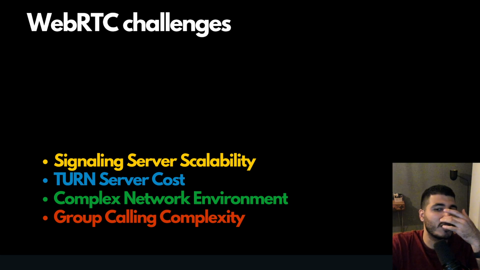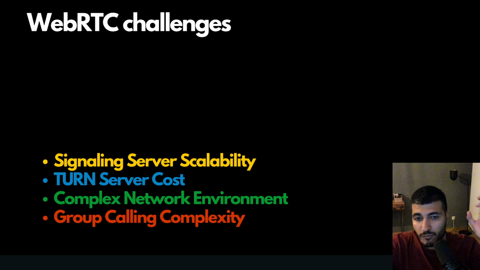Number three, complex network environment. Dealing with various NATs and firewalls can be tricky to debug. Number four, group calling complexity. For group video calls with many participants, a purely P2P mesh approach, where each client receives n streams, becomes bandwidth intensive for clients.